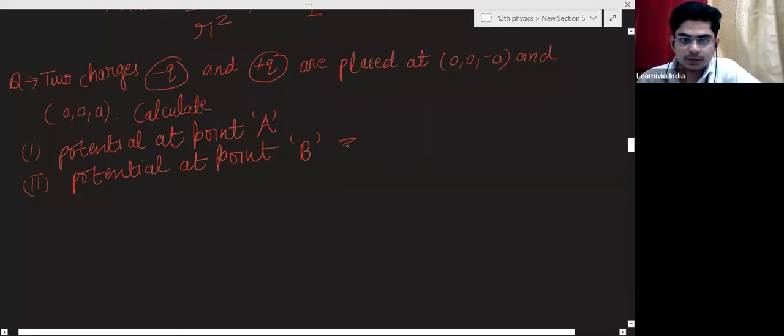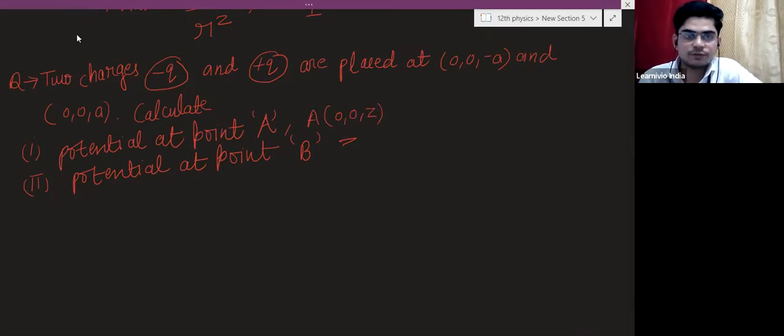And the coordinate of point A is given as 0, 0, z.